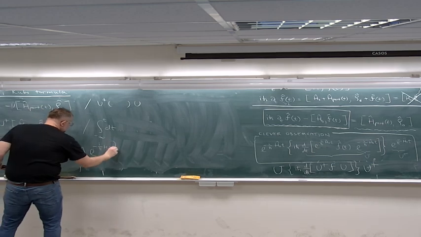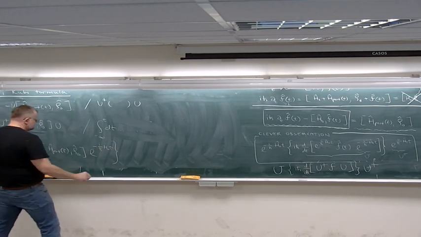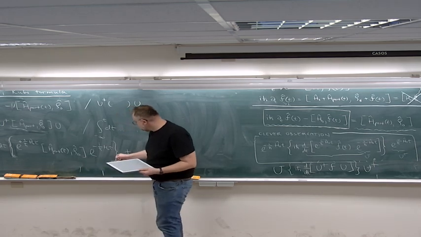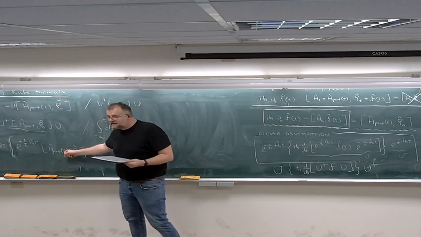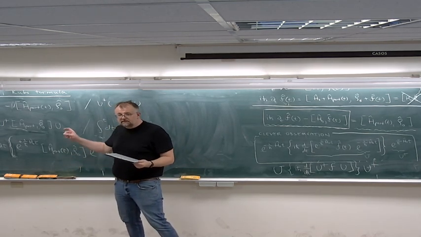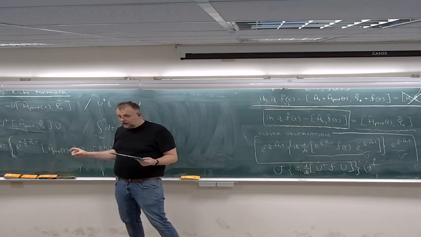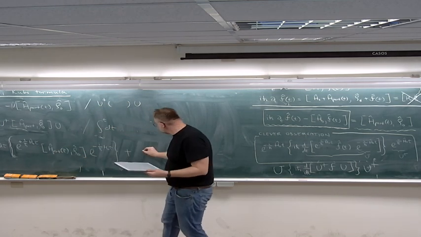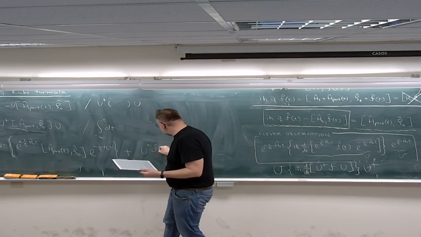So I need to make this integral plus the value at minus infinity. But at minus infinity, the Hamiltonian is 0 because we were assuming that we are adiabatically switching on.